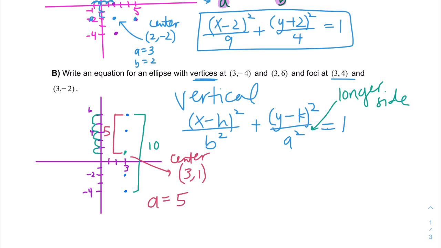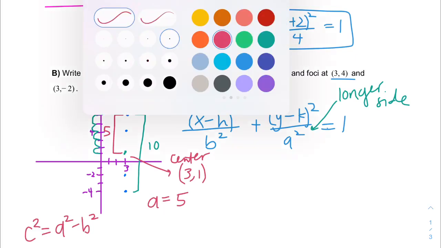And then we need to figure out what b is. However, we weren't given any information about the co-vertices, so I can't just look at the graph and figure out what b is. Instead, I'm going to use the formula c squared is equal to a squared minus b squared, because I've actually been given my c value.